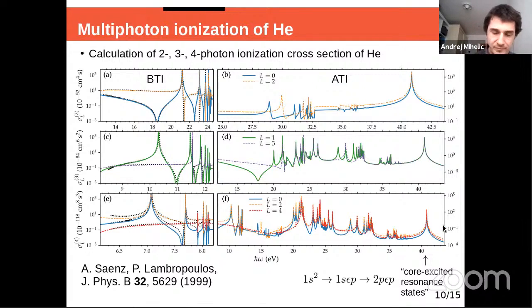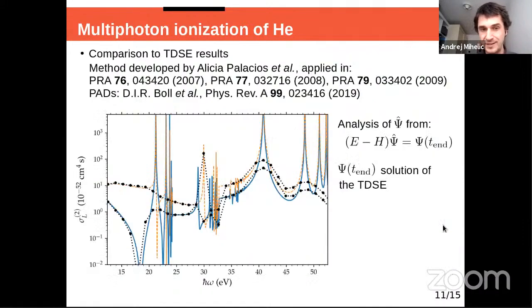Okay, so it is actually very interesting to compare the results of the time independent calculation to the cross sections that have been extracted from a time dependent wave packet. We have actually used the method that has been developed by Alicia Palacios. Alicia was also kind enough to help us with the implementation of this method.